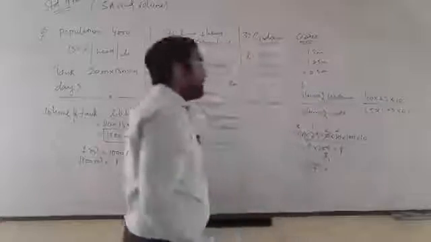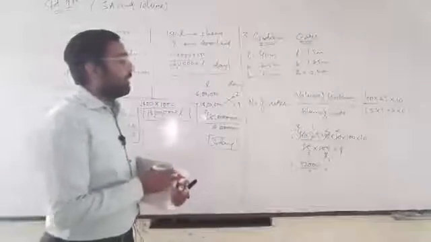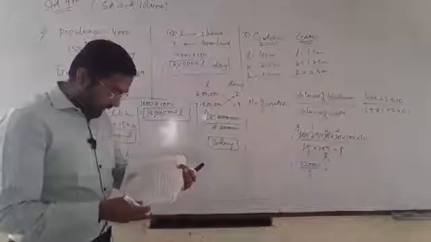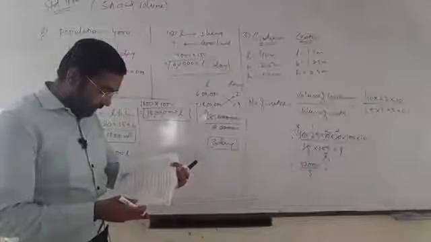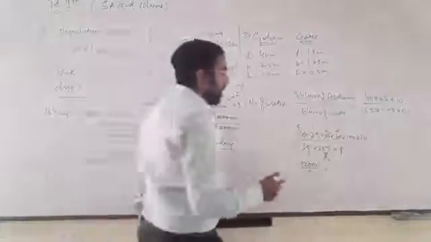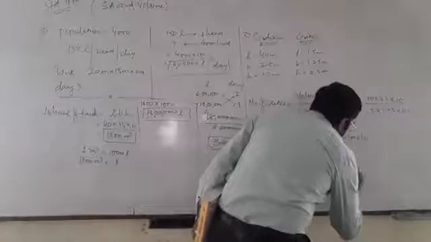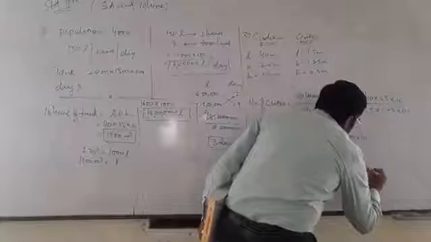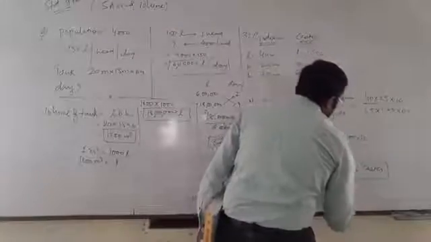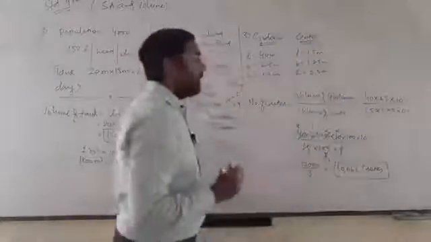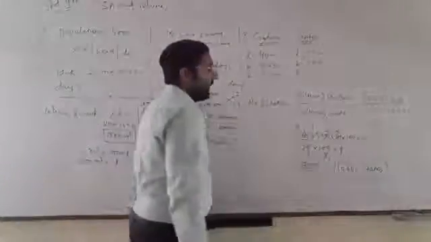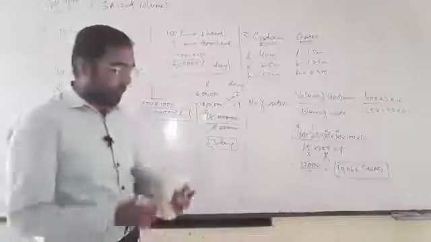Therefore my answer is 32,000 divided by 3, that is approximately 10,666. So 10,666 crates we have to arrange in the godown. This is approximate, because whenever we divide by 3 the answer has a decimal.